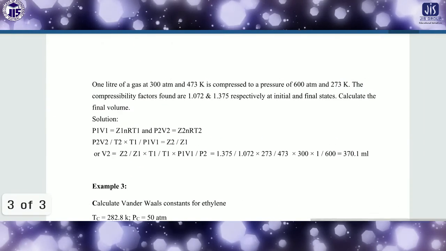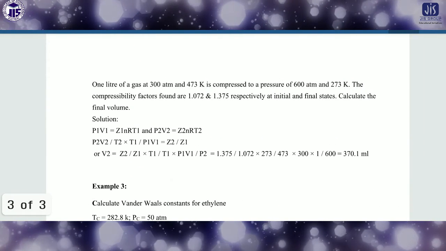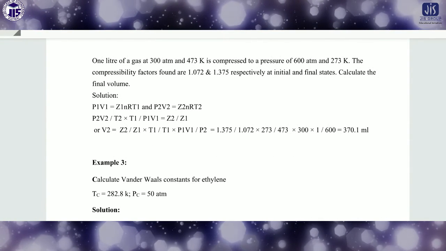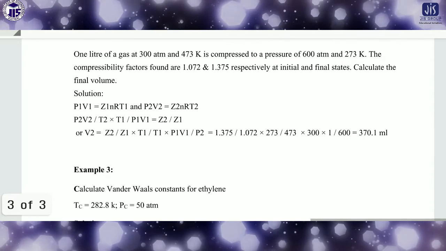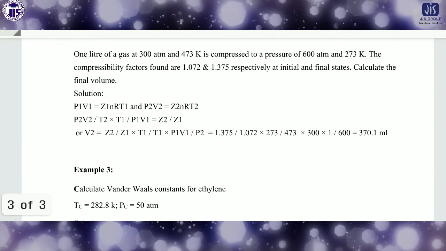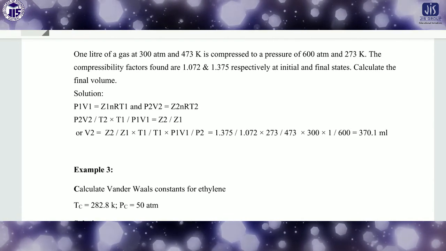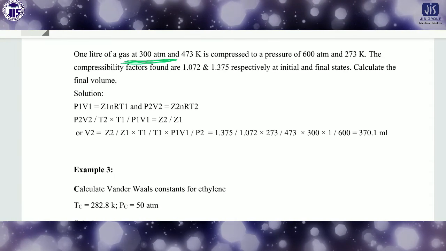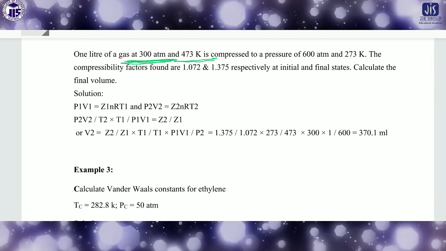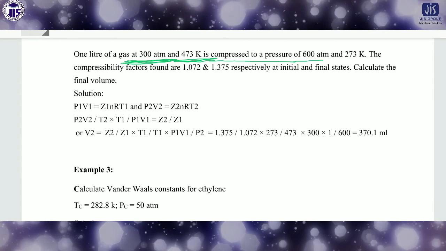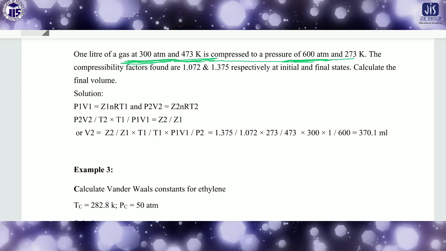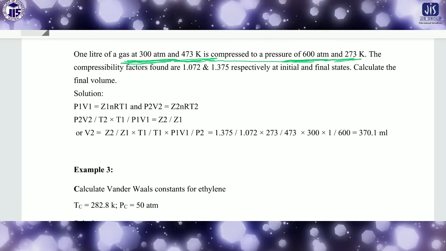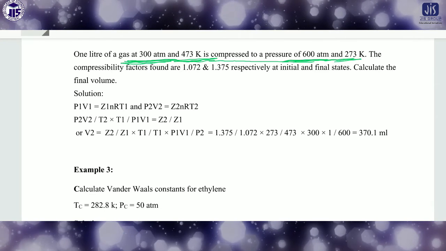Second example. Look at what is written here. 1 liter of a gas at 300 atmosphere pressure and 473 K is compressed to a pressure of 600 atmosphere and 273 K. Here two temperatures and two pressure values are given.